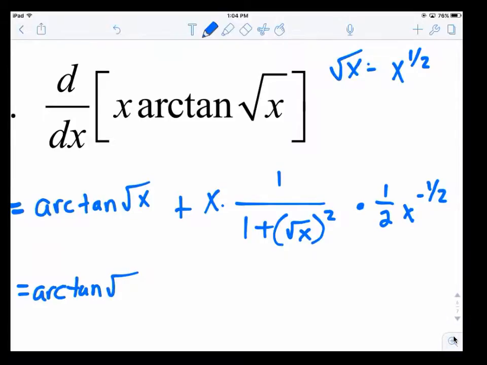All right, so you have the arctan of radical x plus now, what does that become? You have x over, if you square the bottom here, what do you get? 1 plus x, right? Well, you're not, right, I'm sorry, you're not squaring the whole thing, you're just squaring square root of x.